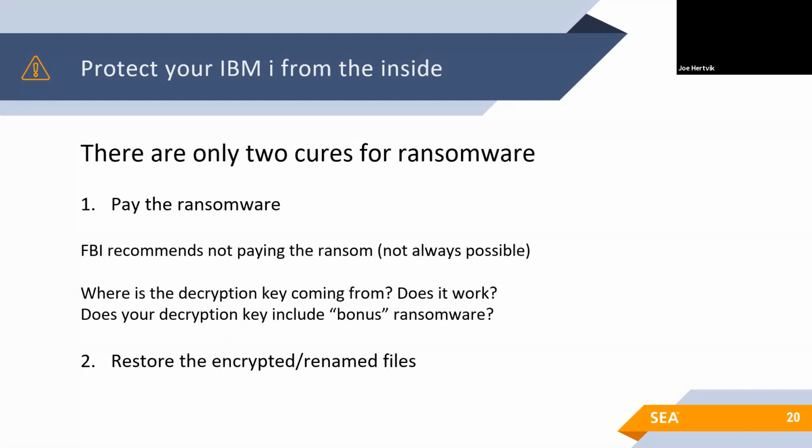If you have an IFS folder or folders where the objects are encrypted and renamed, your first option is to pay the ransom. That's not recommended by the FBI, but in a lot of situations, like we saw with the ransomware attacks over the summer, companies have to do it anyway just to keep going. Some companies even consider it a cost of business.